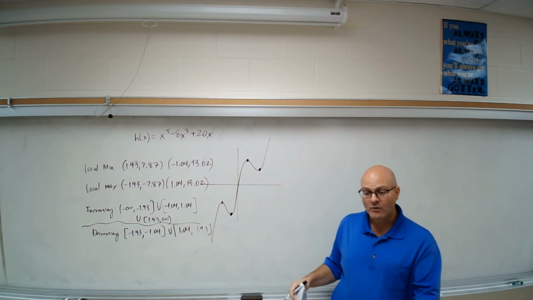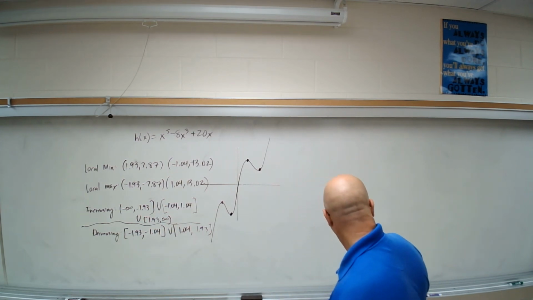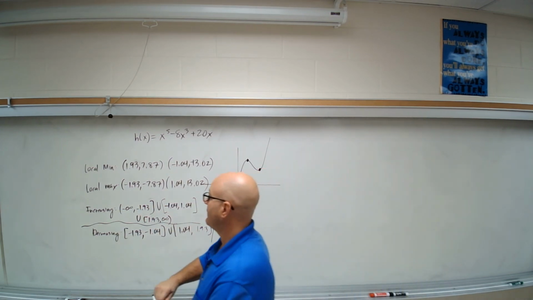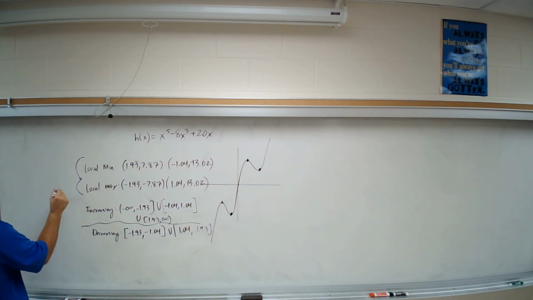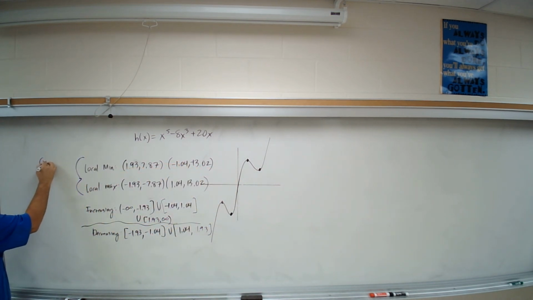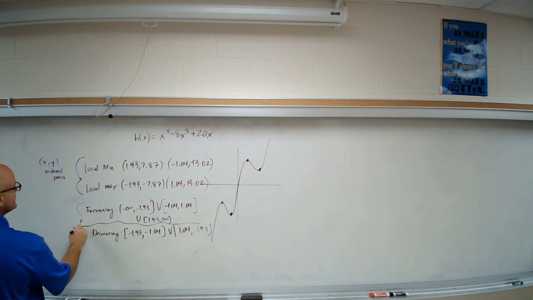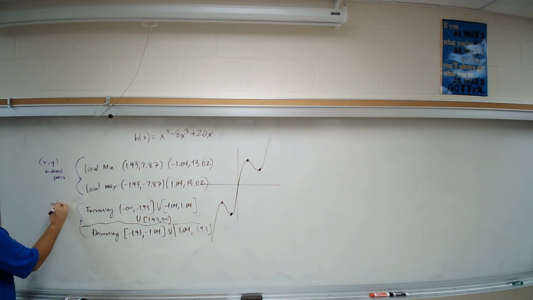Now just note, a really, really important concept is that when we're talking again about local min, local max, these are XY ordered pairs. When you do these, increasing and decreasing, these are intervals of X values.